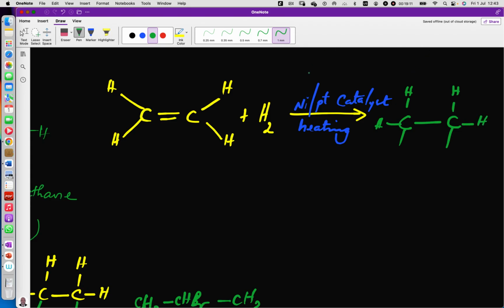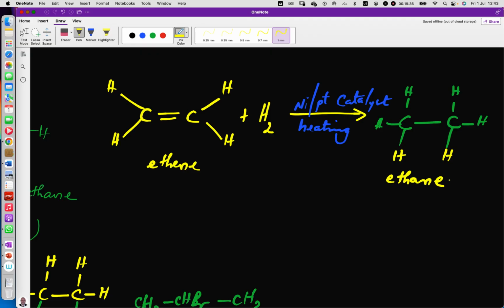So now we will have hydrogen that has been added here. In that case, we are going from ethene, which is an alkene, to what we call ethane. This ethane is what we call an alkane.